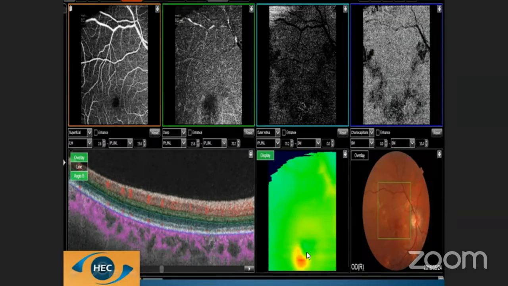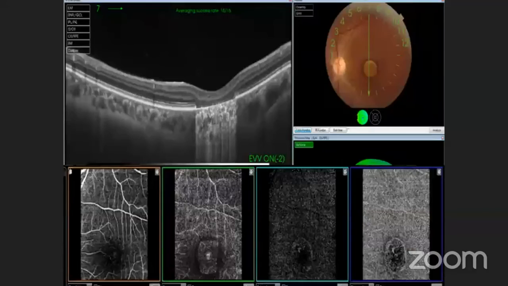So this was finally taken up for anti-VEGF treatment. In other inherited disorders also, we can see this loss of the RPE, the outer retina, and the choriocapillaris very well, as is seen here in this particular section.